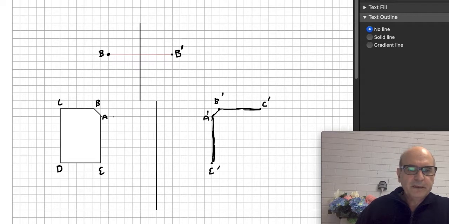All right, for D, again it is 7 there, 8, 9, 10, 11, 12. 12 units, so 5 more. 1, 2, 3, 4, 5. So it should be here.